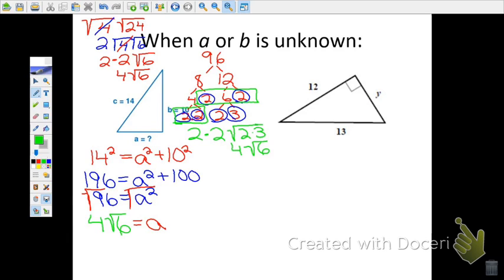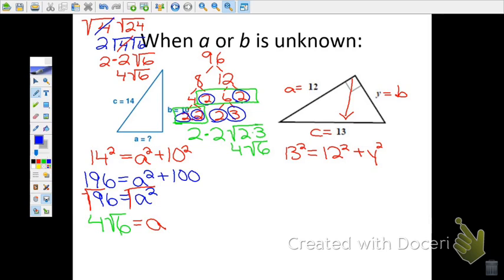Last one. Okay? We need to, again, make sure we identify C correctly. Opposite the 90-degree angle. So 13 is the C. So 13 squared equals 12 squared plus y squared.